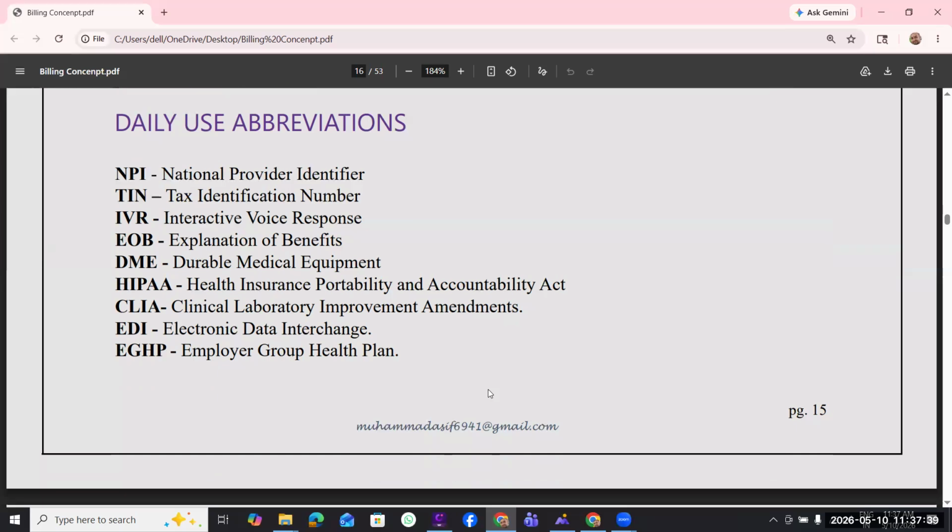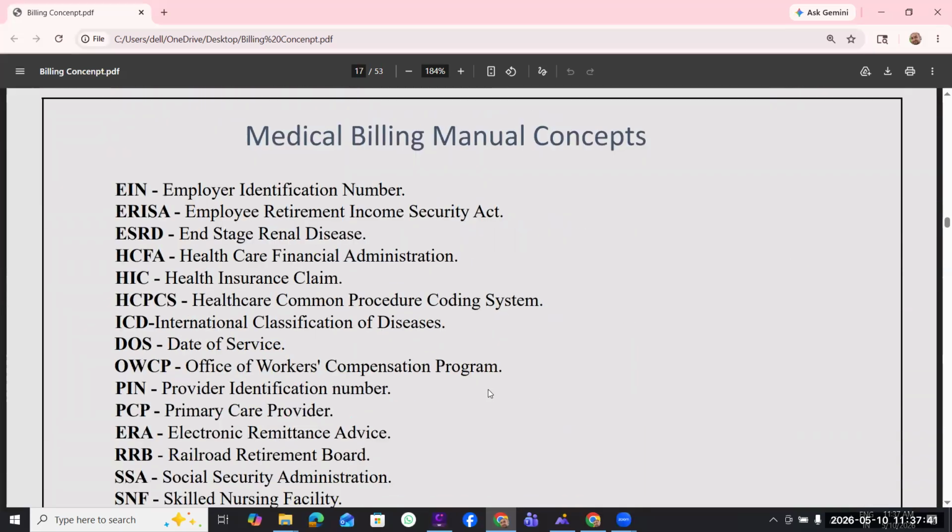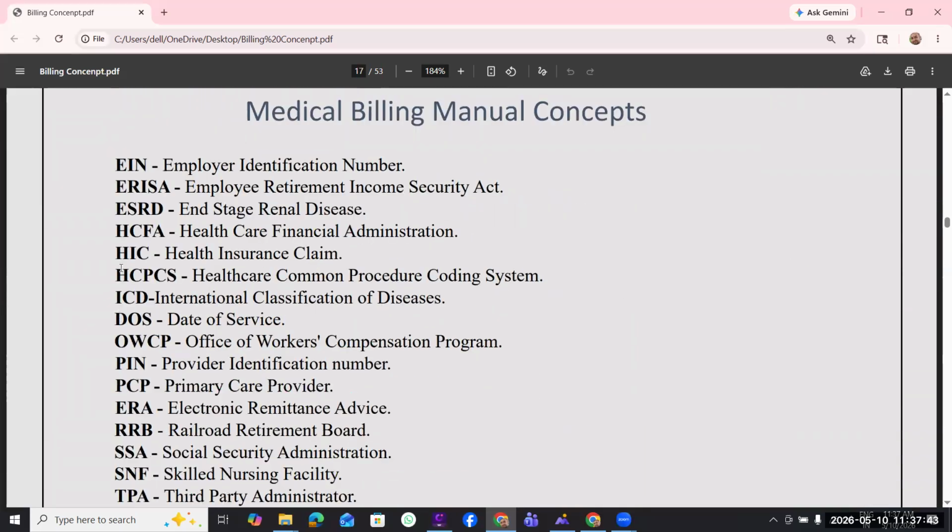So these terms are generally used, so please remember. EIN, employer identification number. ERISA, Employee Retirement Income Security Act. ESRD, end stage renal disease. HCFA, Health Care Financing Administration. HIC, health insurance claim. HCPCS, Healthcare Common Procedure Coding System.